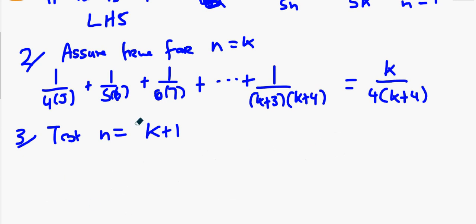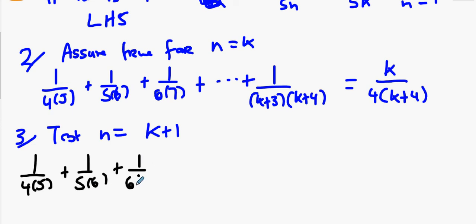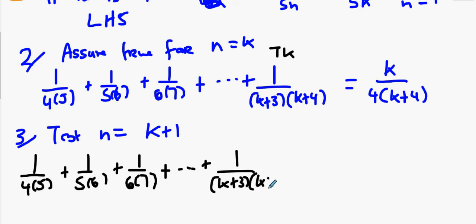So here's what we're going to do. We're going to say it's 1 over 4 times 5 plus 1 over 5 times 6 plus 1 over 6 times 7 plus dot dot dot. This one here is tk, which is 1 over k plus 3, k plus 4. Now we got to do tk plus 1, which means anywhere you see k, replace it with k plus 1.